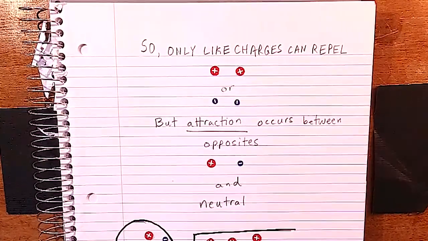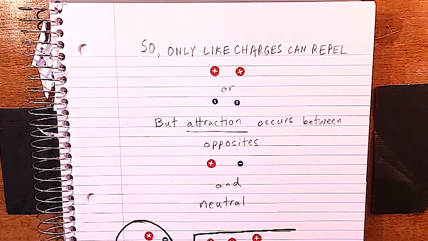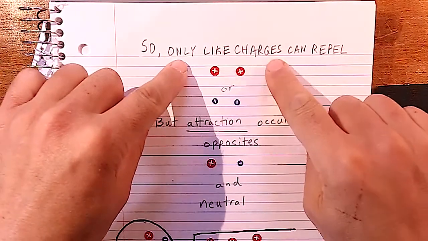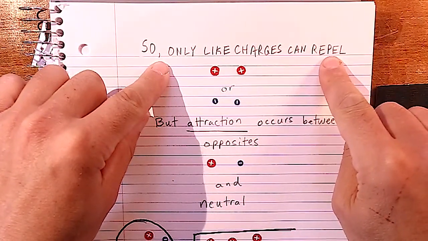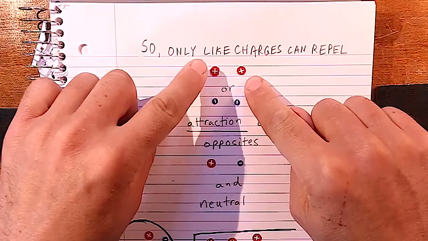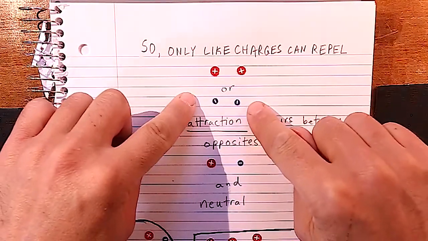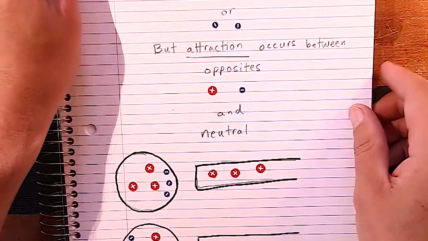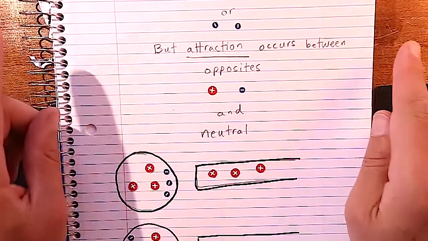Let's review this because this comes up in a lot of questions. So only like charges can repel. If we have repulsion, it's either going to be plus plus or minus minus. But you can get attraction two different ways.